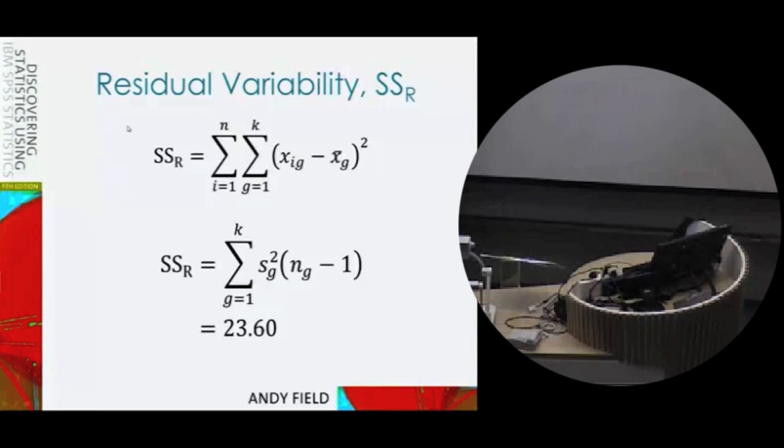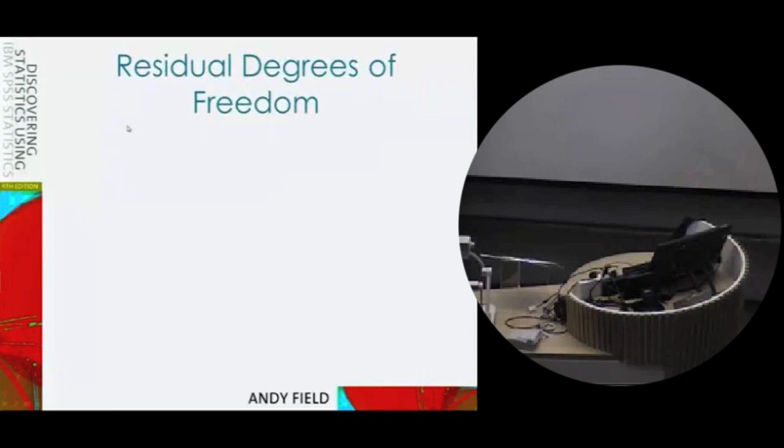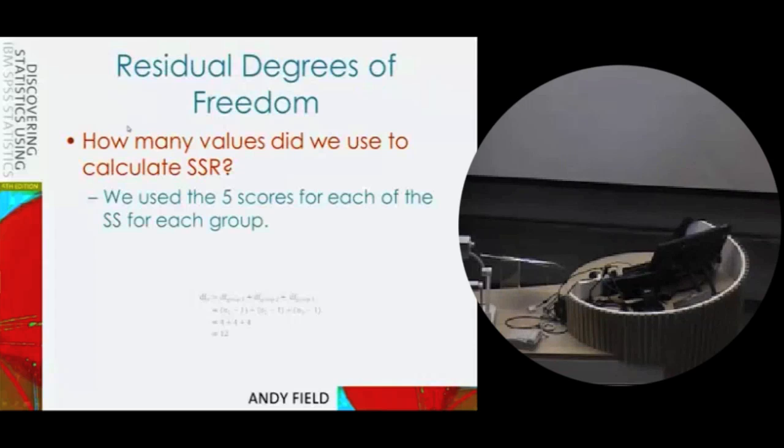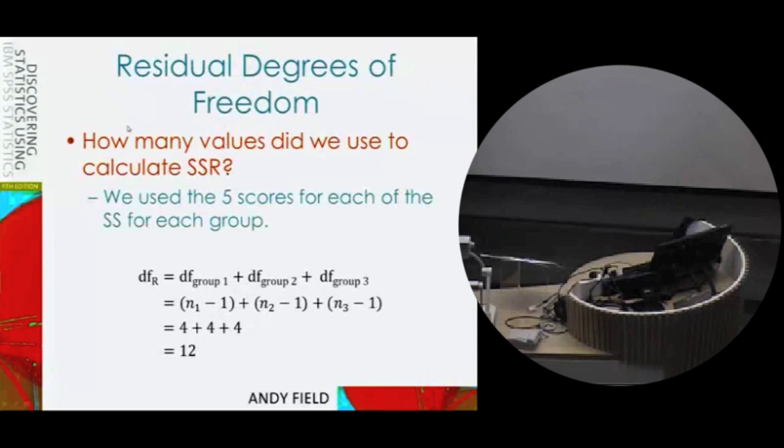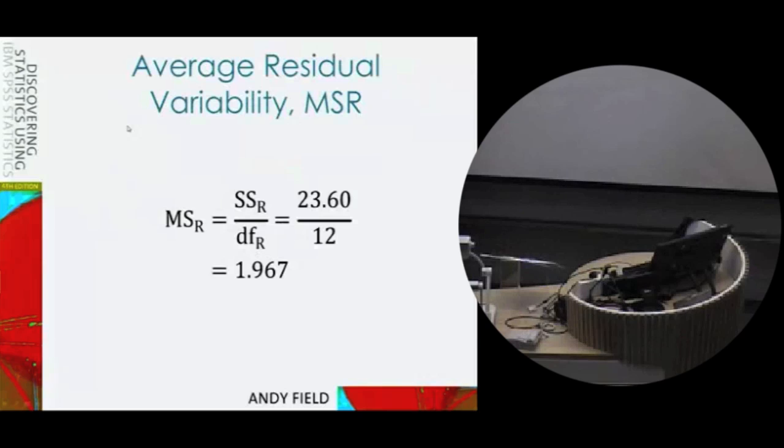So we end up with 23.6 units. As I said, we've got degrees of freedom within each group. So degrees of freedom for the placebo, for the high dose and the low dose. And there were 5 scores in each group, so we end up with 4 and 4 and 4, which gives us 12.